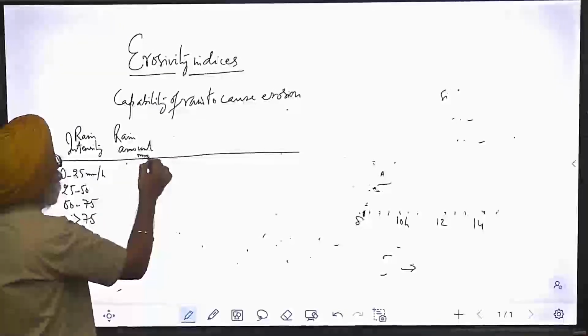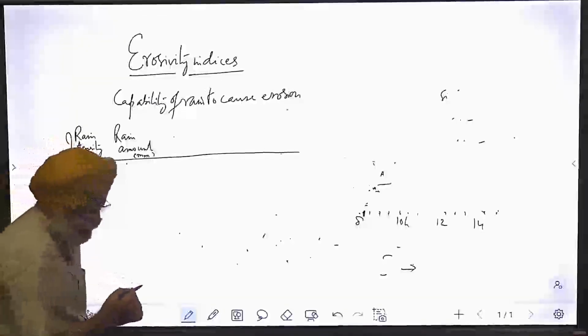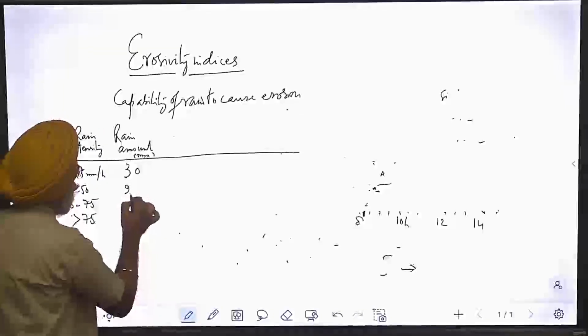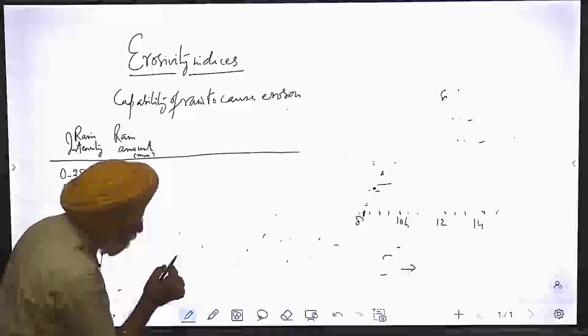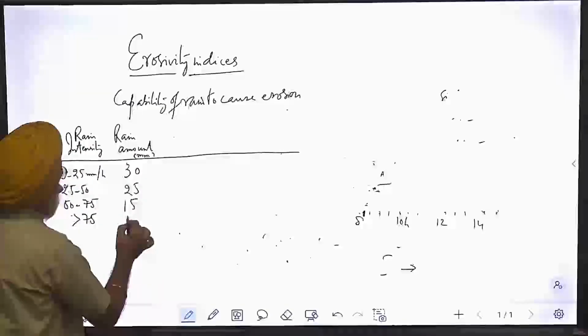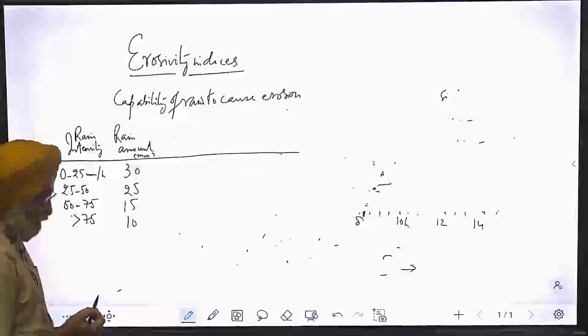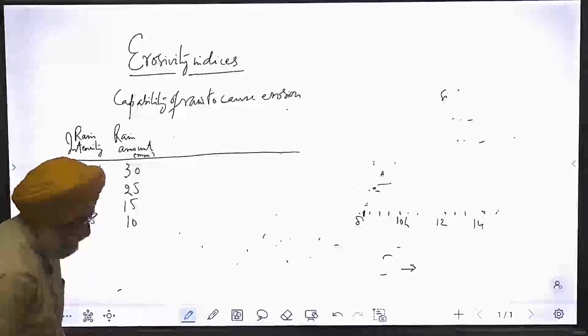This will be in millimeters, say 30 over here, 25, 15 and 10. So, this is the amount of rainfall in different intensity classes.